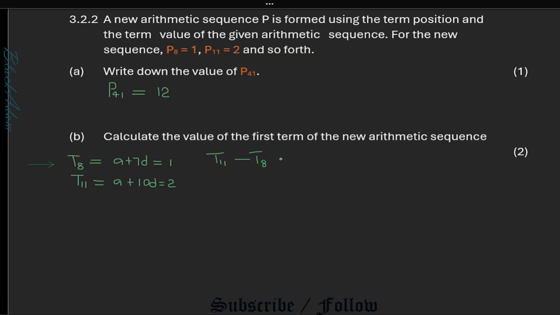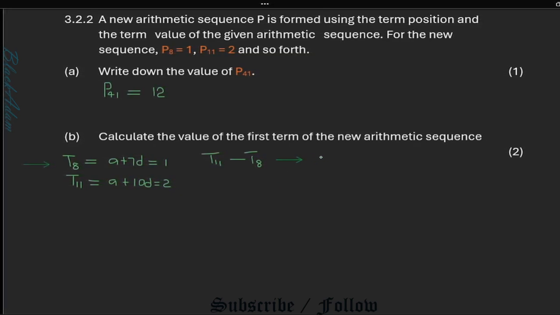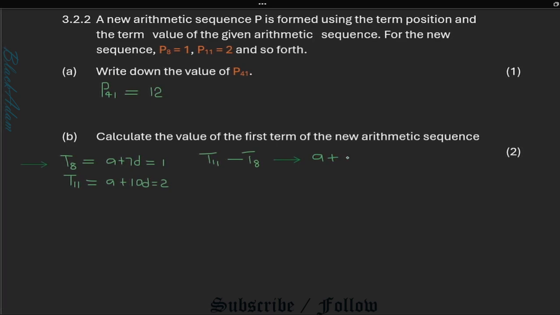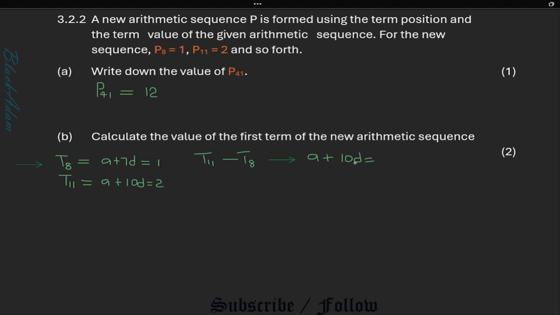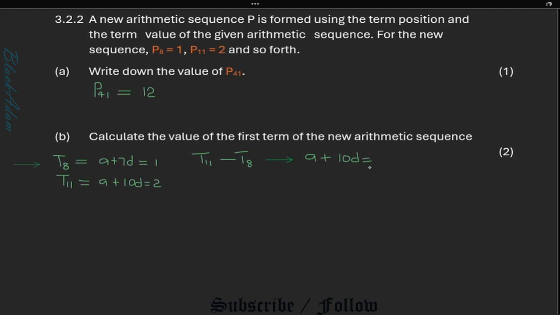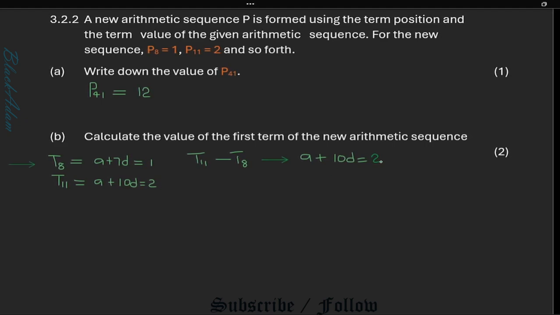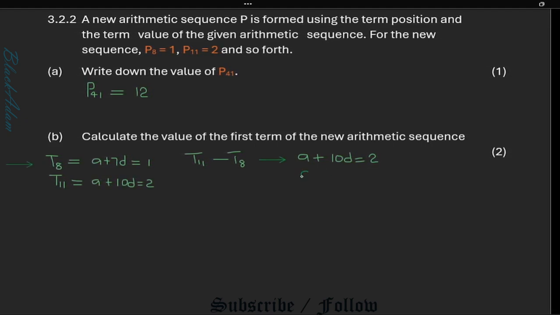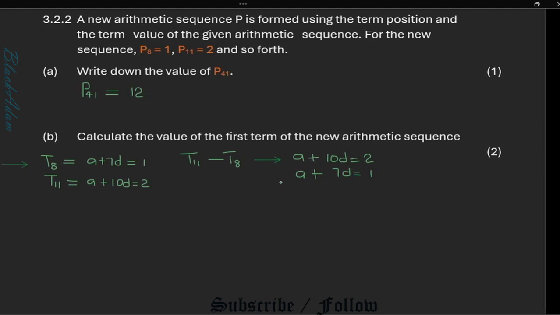So we need to subtract, because you can see we have common values there, which is A. And then subtracting that, we'll have A plus 10D. Usually it's the big one minus the small one, but either way is fine. And then A plus 10D is equal to 2. And then we have T8, which is A plus 7D, which is equal to 1.